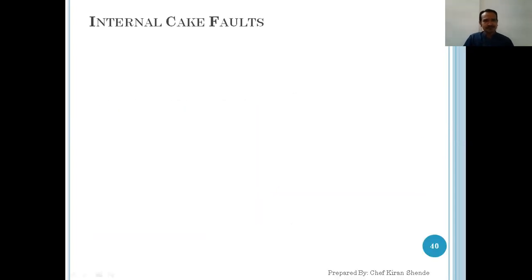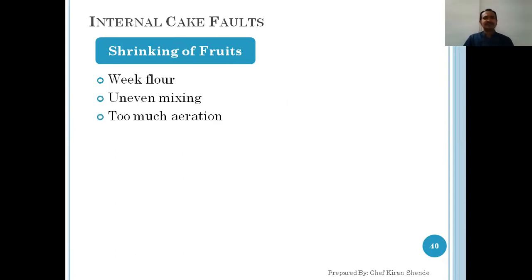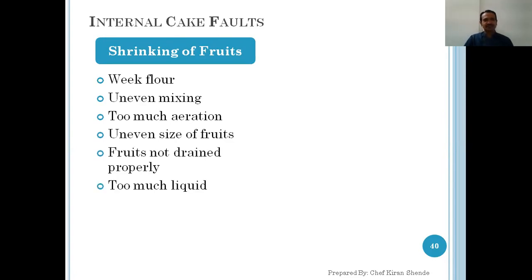Next internal fault is sinking of fruit. You must have seen it quite often. This is very common. The probable reasons are if you must have used a weak flour or uneven mixing of the batter, if you must have aerated the mix too much, uneven sizes of the cut fruits, or if you are using the soaked fruits, they must not have been drained properly.